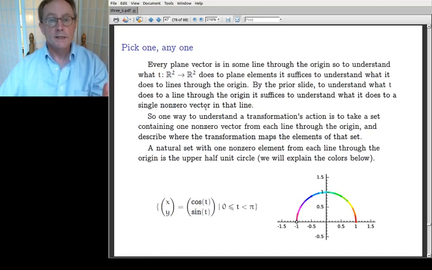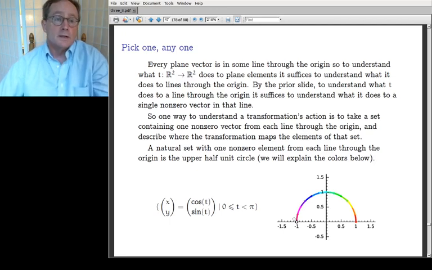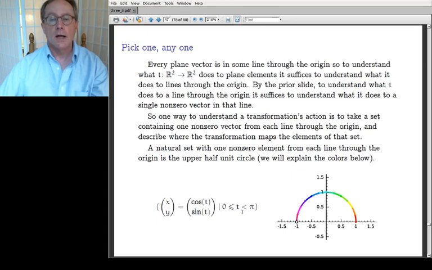If I know what T does to (1, 2), then I know what T does to every point on that line through the origin. I'll pick the point that is a distance 1 away from the origin. And we know how to draw the points that are 1 away from the origin. It is the point whose x-coordinate is cosine t and y-coordinate is sine t, where t is the angle.